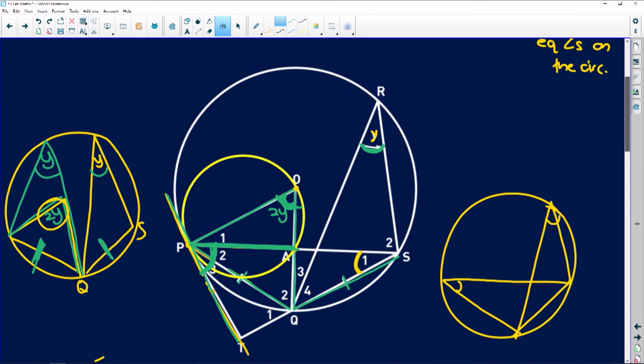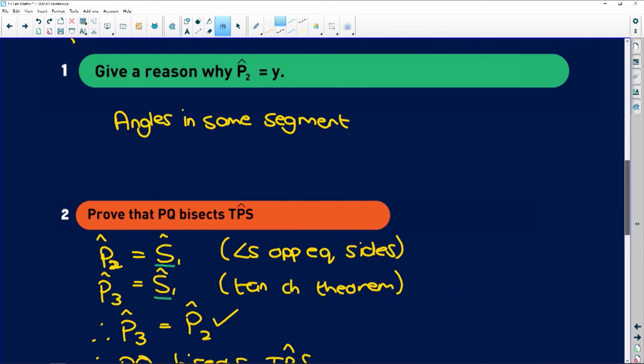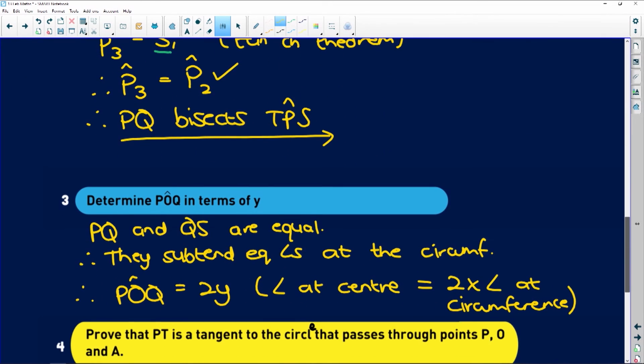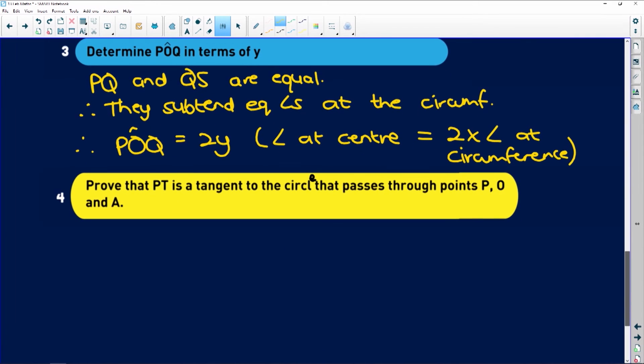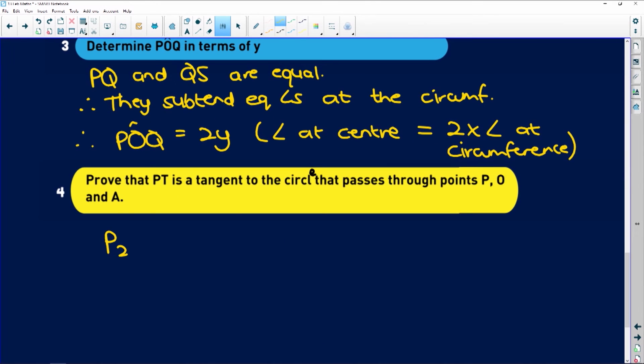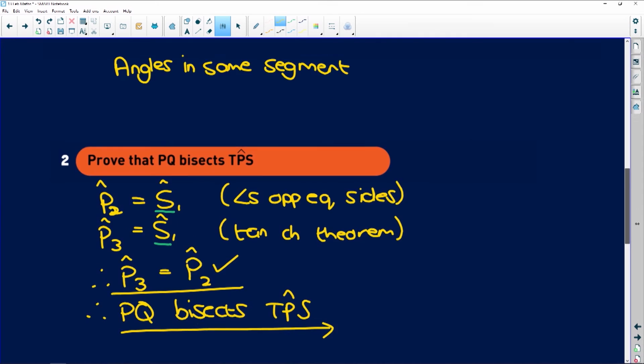So P2 and P3 we have already proved, have we not? P2 is equal to P3. Proven. Okay, how does that help us?